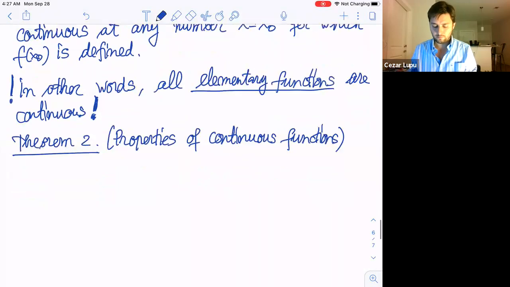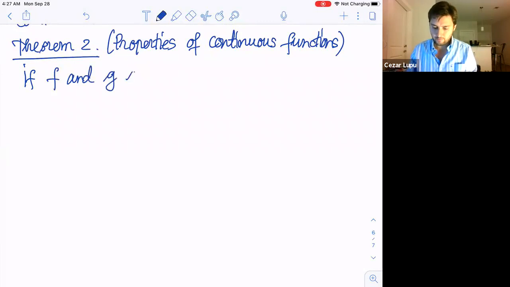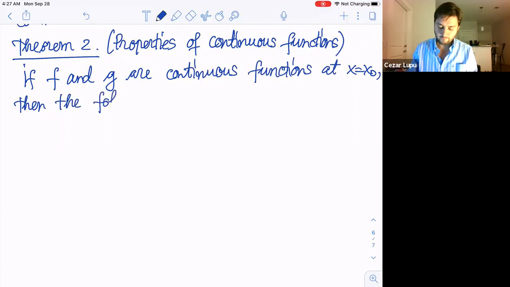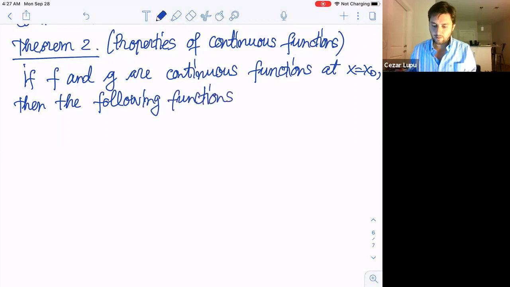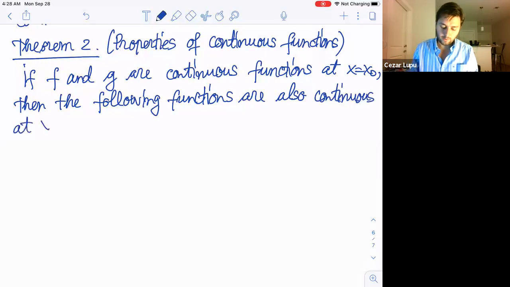Well, if f and g are continuous functions at x naught, then the following functions are also continuous at x equals x naught.